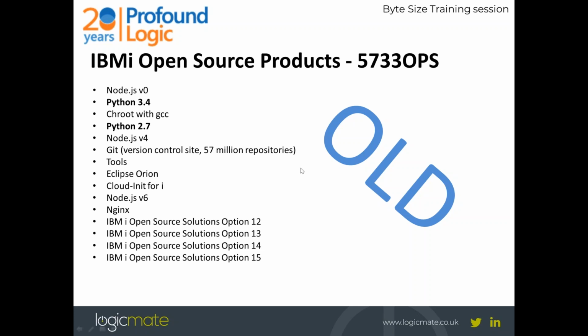And you can see from the list that they started to build up. Down at the bottom of the list, you've got options 12, 13, 14, and 15. So the intention was IBM were going to use these placeholder names and fill them with future open source products. But actually, it grew so big that they had to rethink this.